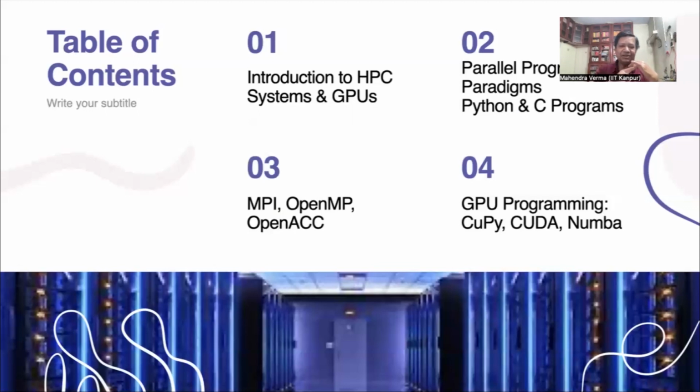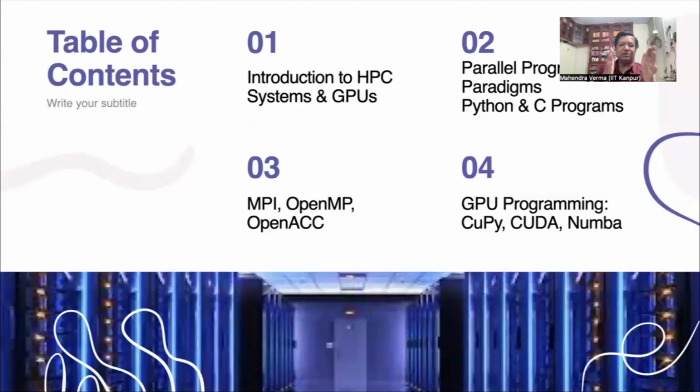Then OpenMP, this is for shared memory architecture, and OpenACC. So we'll cover these paradigms, or these tools for writing parallel programs. Parallel programs are ones which will run on more than one processor. So if you have, let's say, 50 processors, we can use these tools to run on that machine.